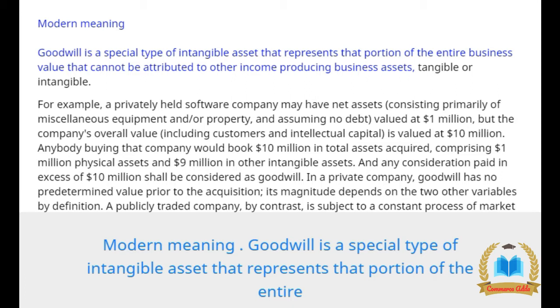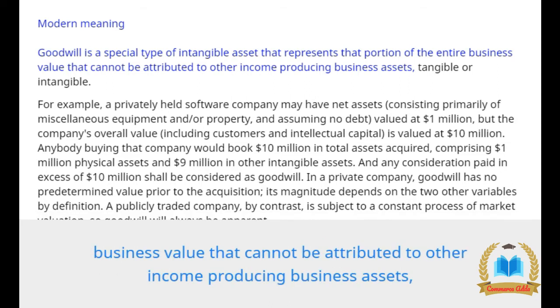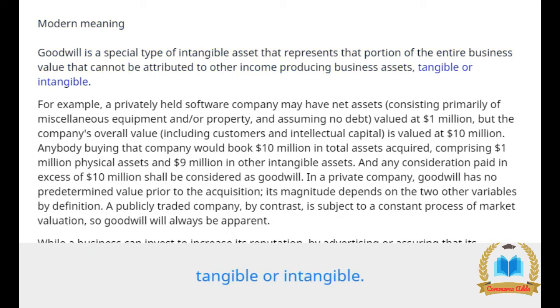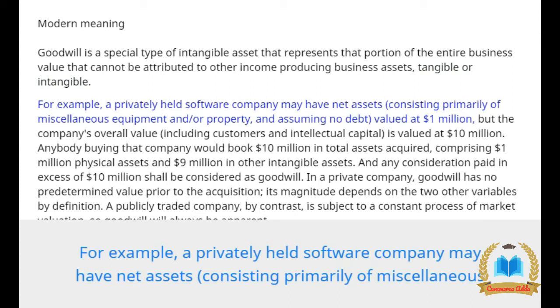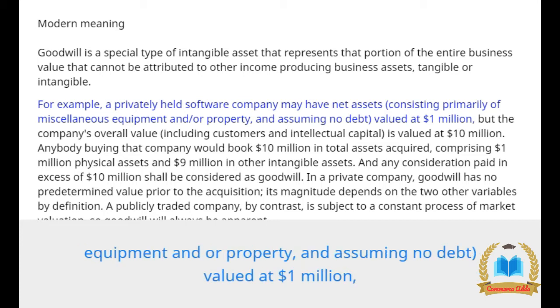Modern meaning. Goodwill is a special type of intangible asset that represents that portion of the entire business value that cannot be attributed to other income-producing business assets, tangible or intangible. For example, a privately held software company may have net assets, consisting primarily of miscellaneous equipment and/or property, and assuming no debt, valued at $1 million.